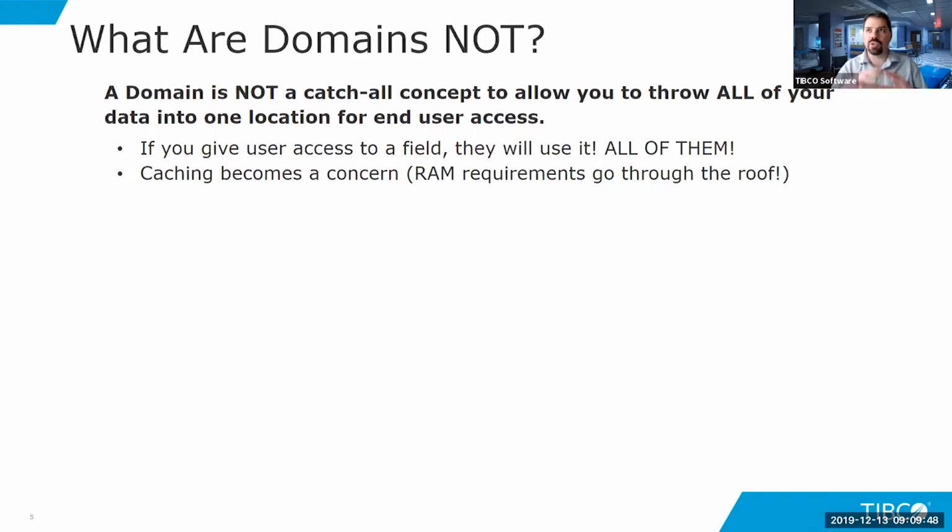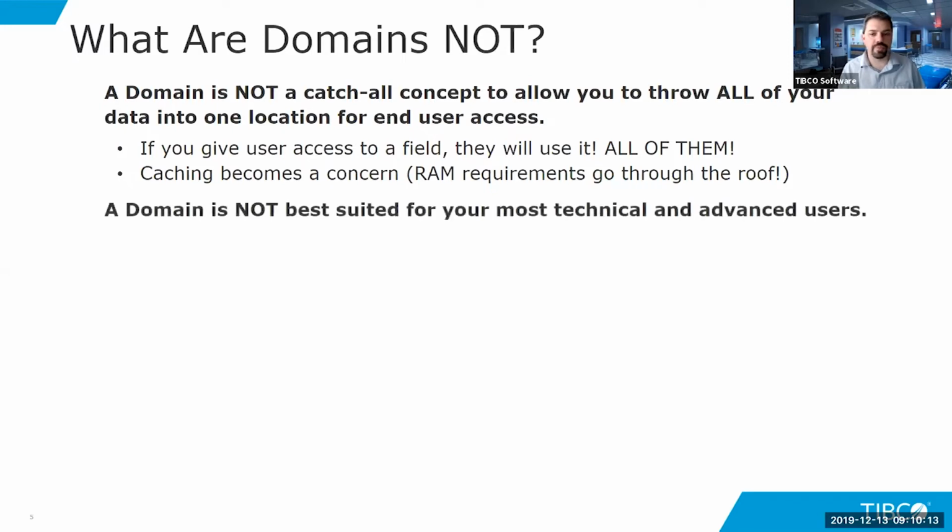We want to make sure we limit that data to a manageable size, something that addresses specific use cases and business needs, and it can address multiple business needs. But I don't like to hear, well, we don't know what our users need, so we're just going to put all the fields there. That's not what the purpose is, and it doesn't perform well if you go that route.